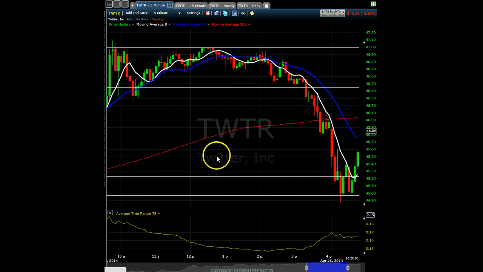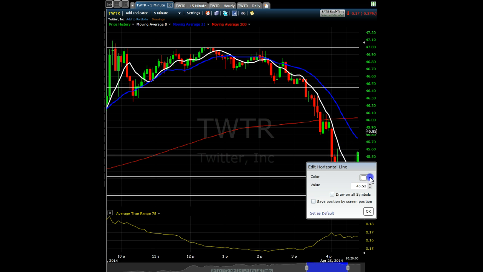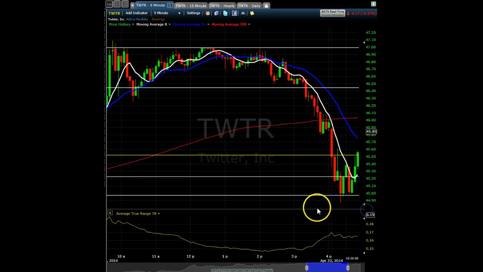So my entry on this was 45.55 is where I ended up getting filled. And I'm going to put that in as a yellow line. From there, my stop is going to be down here below 45.